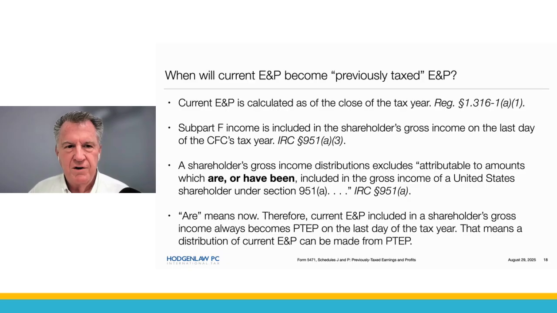First, you're going to calculate E&P, then you're going to calculate subpart F inclusion, and then you're going to see in a little bit the amount of the inclusion is PTEP. And so the last step in your game is going to be, well, I now know what the inclusion is. It's $100. Now, how am I going to allocate that out into the various different PTEP accounts and then into the PTEP groups?